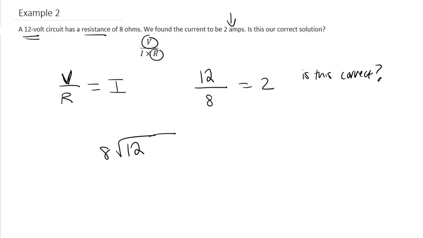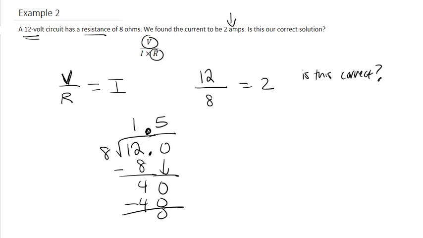Now, 8 can go into 12 one time. 8 times 1 is 8. Subtract, we get 4. Then we add a decimal, we add a 0. We're going to bring that down. We're going to add that decimal up there too. Now 8 can go into 40 5 times. We subtract, and we get 0.